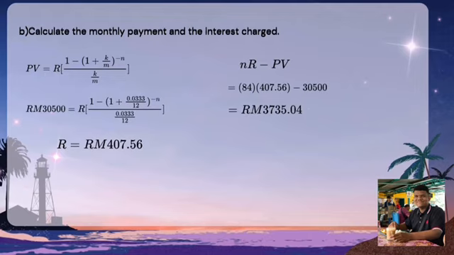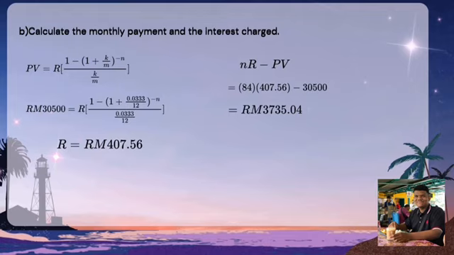Substitute the values: 30,500 ringgit multiplied by the annuity factor. After calculating, the monthly payment is 407 ringgit and 56 cents.